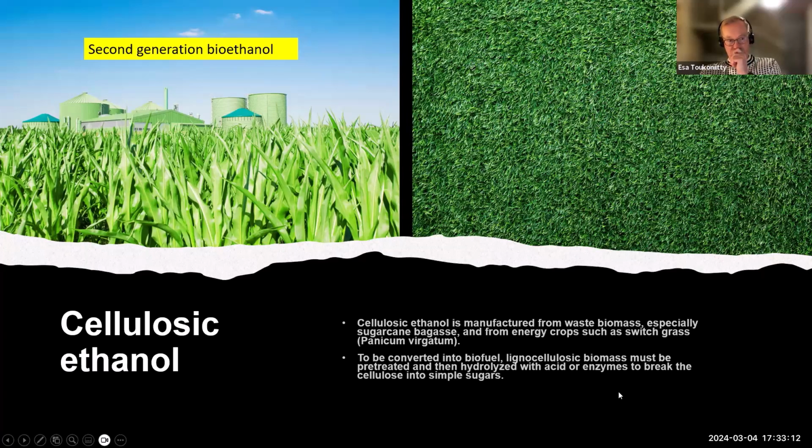This is just the introductory part of the course, so if you are wondering, we don't go now into all the details of the process and so on. That comes later on. Bioethanol is one of the most famous, perhaps, if you ask somebody, do you know some biofuel? It's either bioethanol or biodiesel, and those are maybe the most common ones that everybody has heard mentioned somewhere.